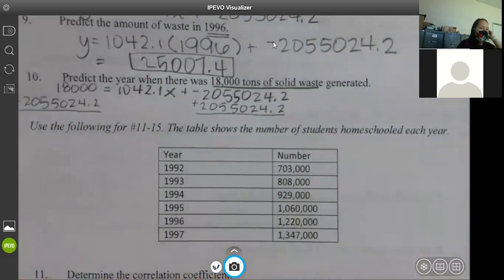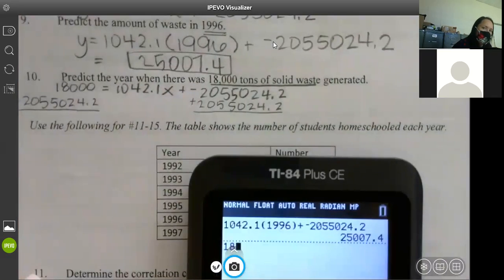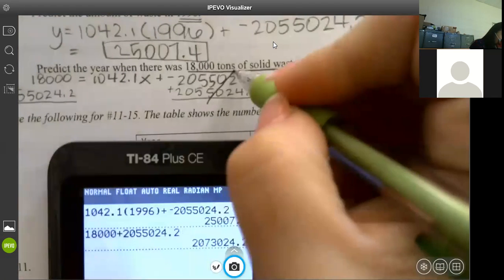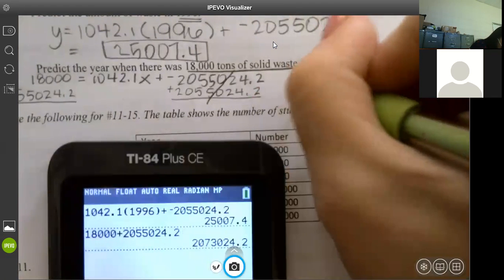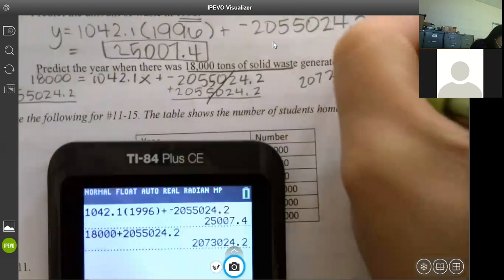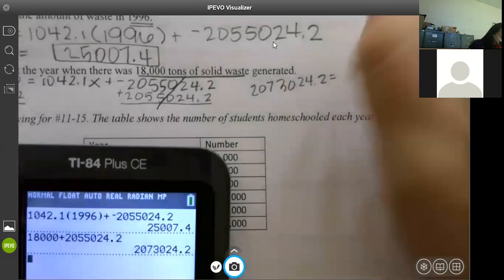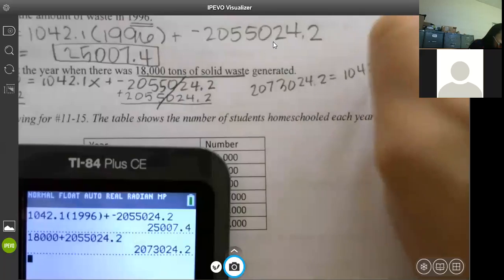Okay. So we're going to do 18,000 plus 2055024.2. And we get a big, huge number, and that's okay. So this canceled out. We got 2073024.2 is equal to that 1042.1x.